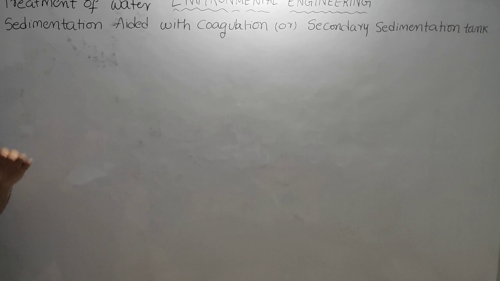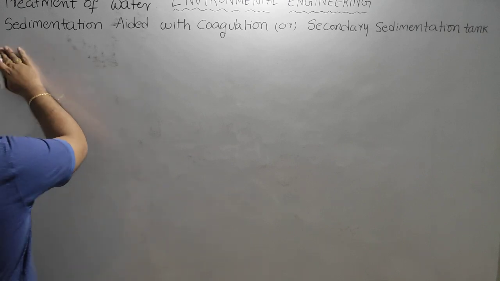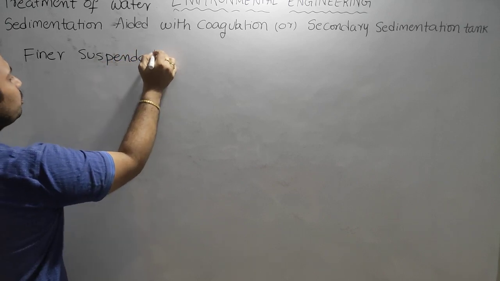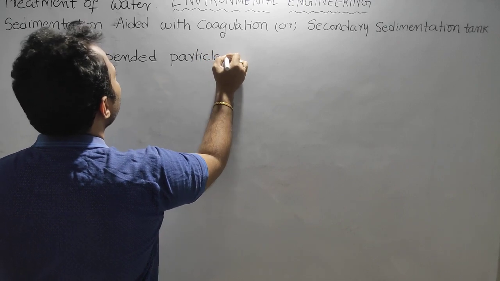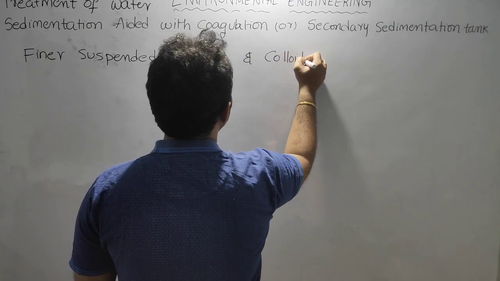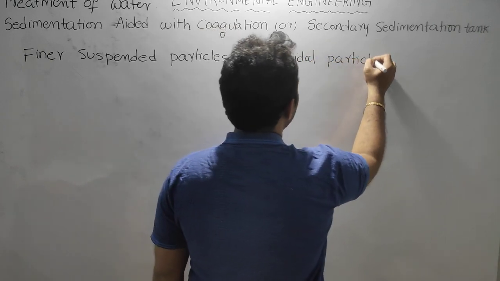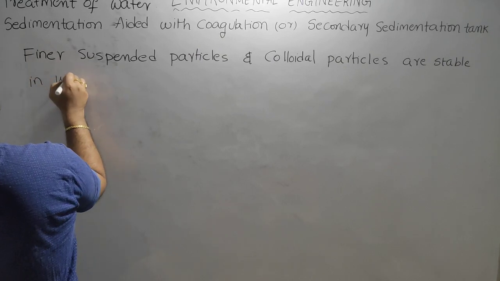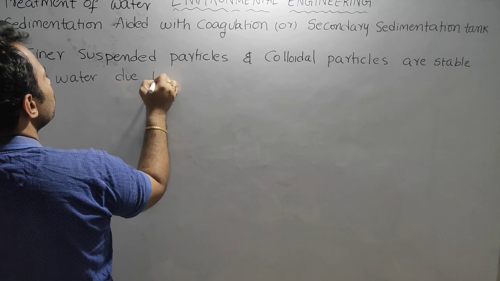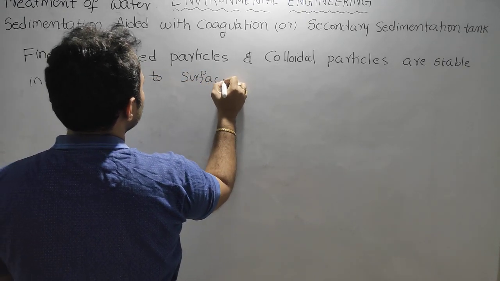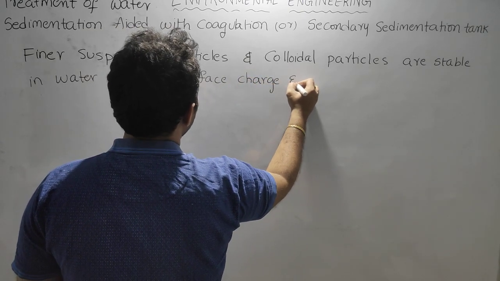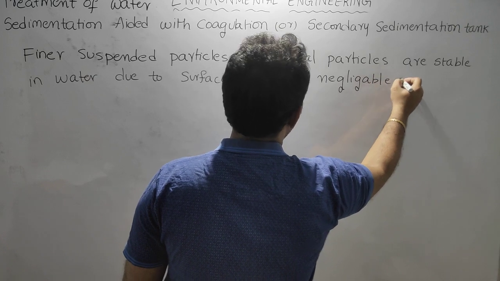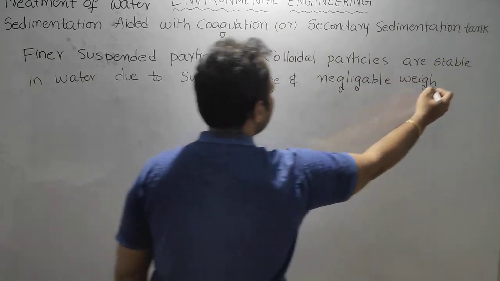How this happens: the colloidal particles or finer suspended particles are stable in water due to surface charge and negligible weight.